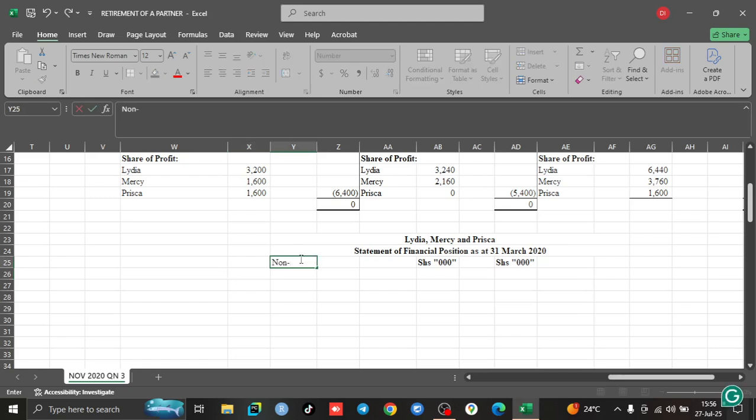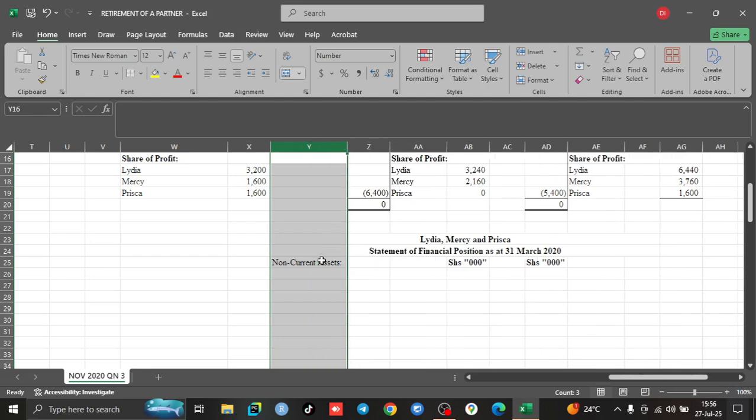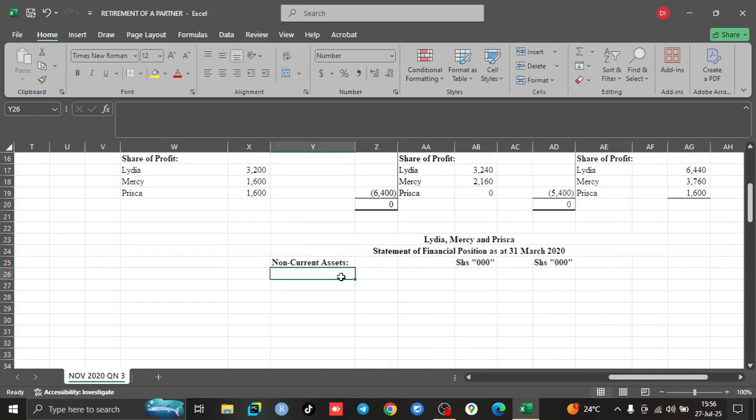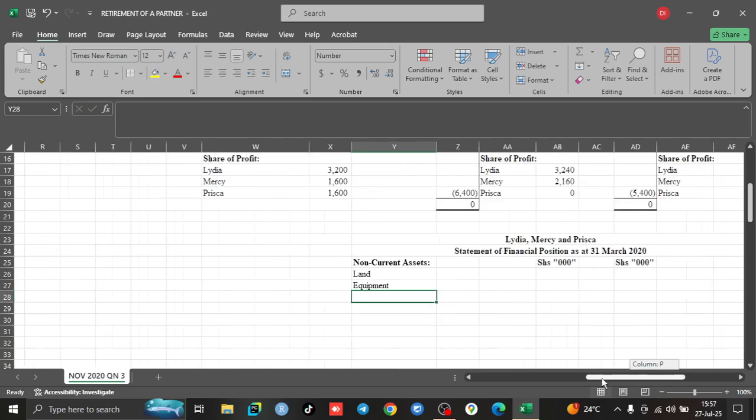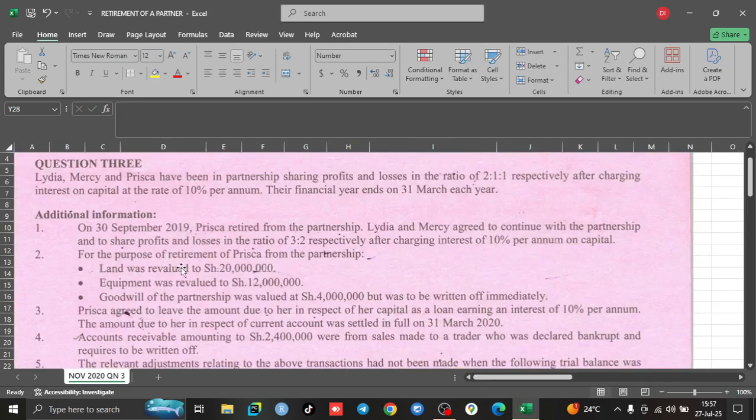So we have the non-current assets, which we had revalued. Recall we revalued our land and our equipment. There's no depreciation that has been accounted for, but let's counter check. So we revalued our land to 20 and our equipment to 12.